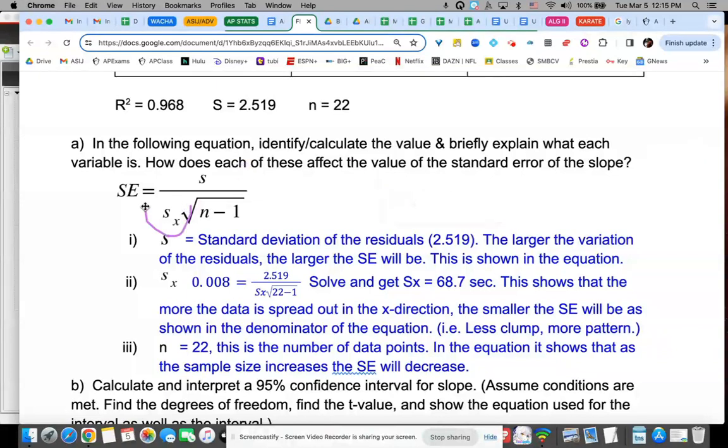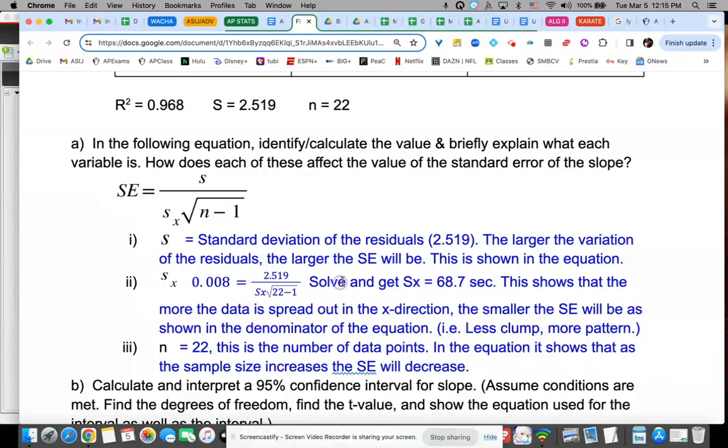So this is on the bottom of the equation because it'll decrease the error the further out your x's are spread. That's the standard deviation in the x direction. So the more they're spread out in the x direction, the less the standard error is going to be. You're going to be more confident about your slope.